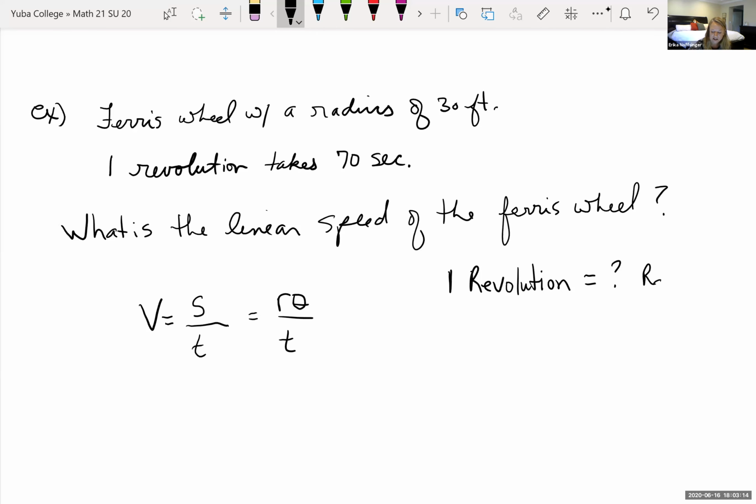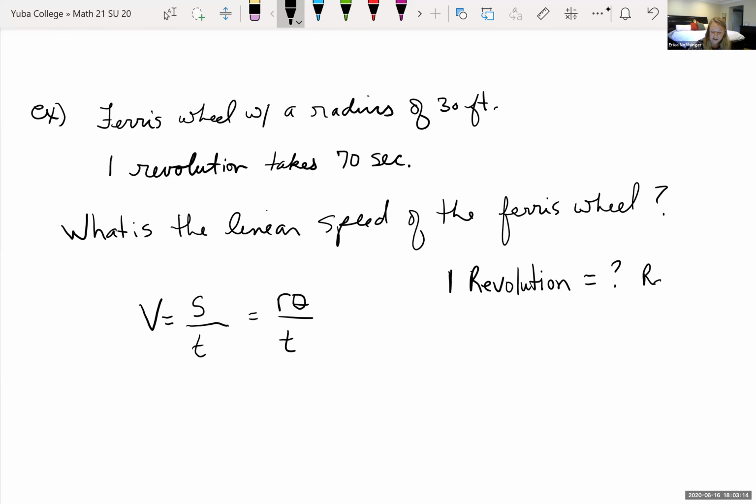Because our theta has to be in terms of radians. So if 360 degrees is one revolution, how many radians is one revolution?